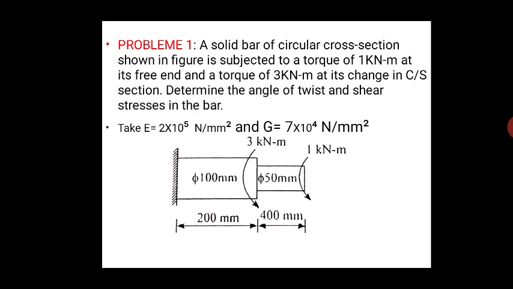Now look into the sketch. Here is the stepped bar; the left end of the bar has 100 mm diameter and a length of 200 mm. The second bar, of 50 mm diameter, is 400 mm in length. A 3 kilonewton meter torque is applied on the 100 mm diameter shaft and another 1 kilonewton meter torque is applied on the smaller diameter shaft.